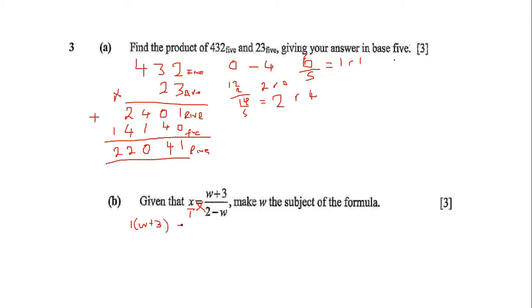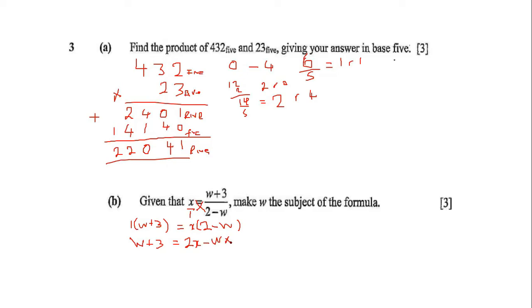This is going to be equal to x, open bracket, 2 minus w. Multiplying x by 2 minus w, this gives us w plus 3, since 1 doesn't change anything, equals x times 2, which gives us 2x, then minus x times w, which gives us wx.